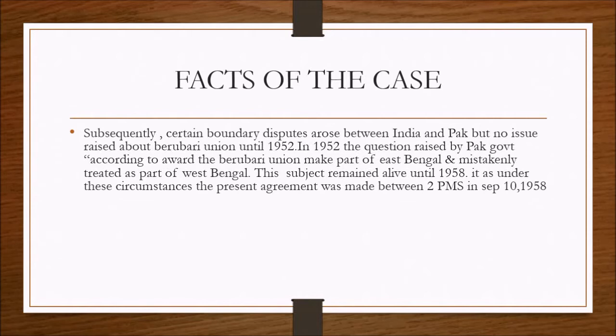In 1952, the question was raised by the Pakistan government. According to the award, Berubari was part of East Bengal and mistakenly treated as West Bengal. This subject remained until 1958. Under these circumstances the present agreement was made between the two PMs of Pakistan and India on September 10, 1958.